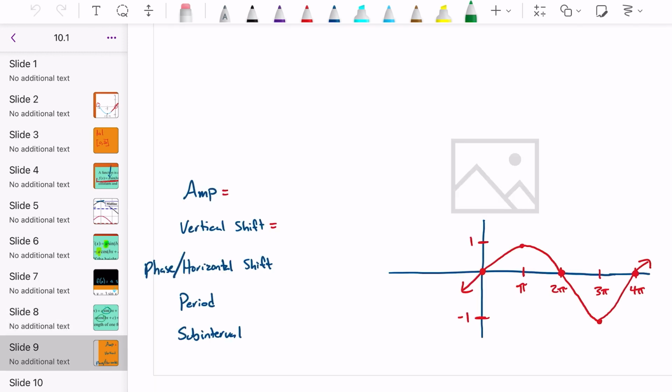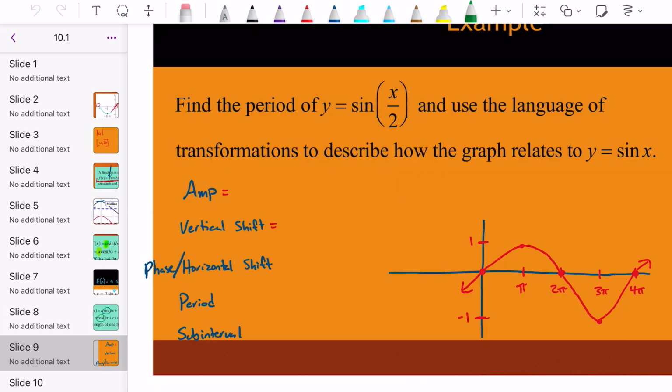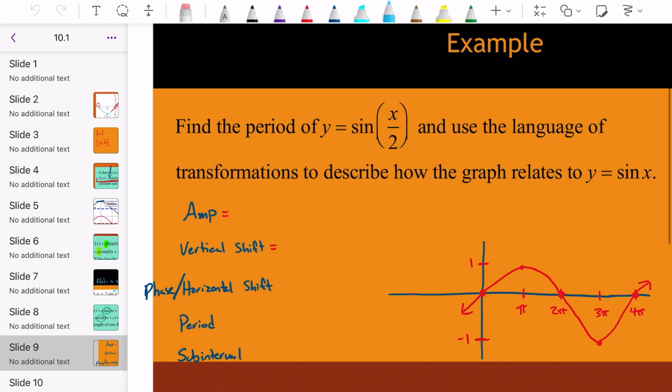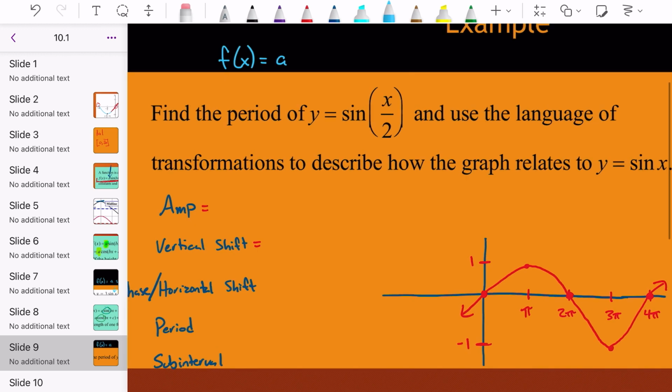Let's go ahead and take a look at another example. We're going to begin with our amplitude. Now, in this case, we're going to go ahead and start off with our equation of f of x is equal to a sine bx plus c plus d.